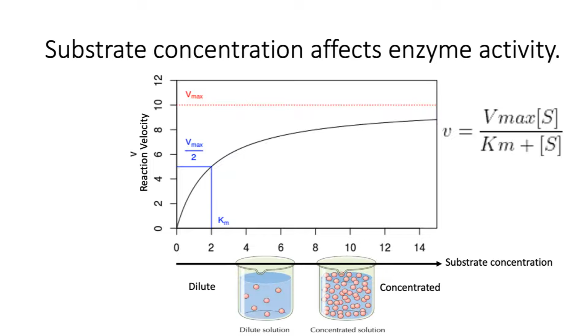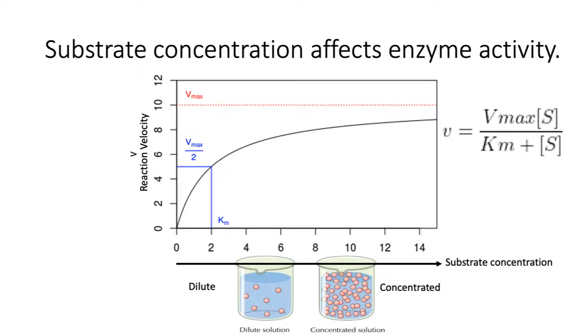Now, if you were to extend this graph way further off to the right, then you would eventually get to the maximum velocity of the reaction, the Vmax. This is the rate at which the enzyme spends practically no time looking for substrate molecules.